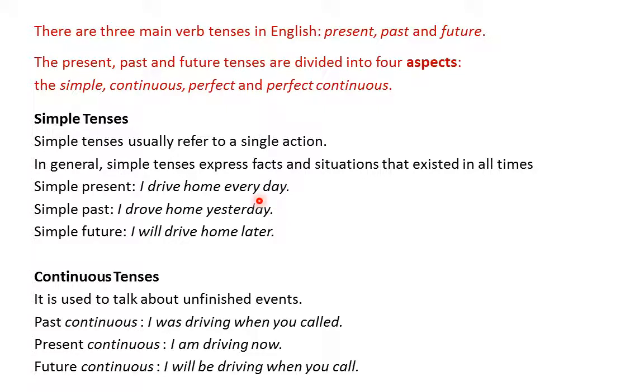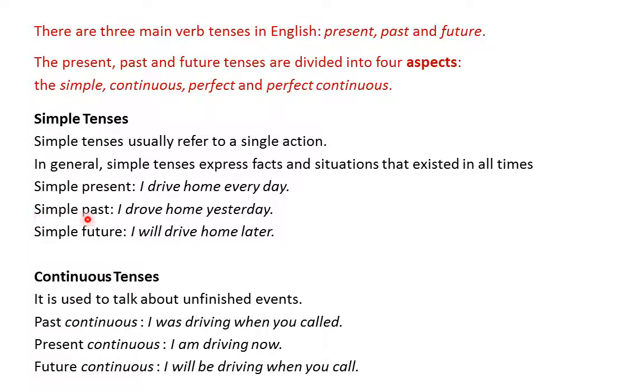So it is a fact. People drive cars. But when we talk about something that specifically happened, that someone drove a car for a specific event in a story, in this case we will focus on the tenses.